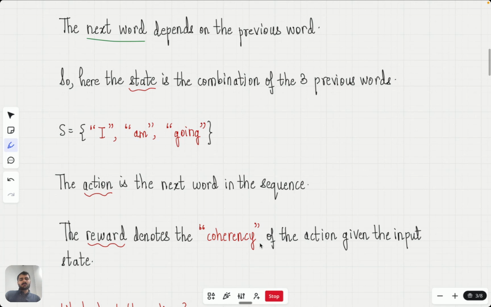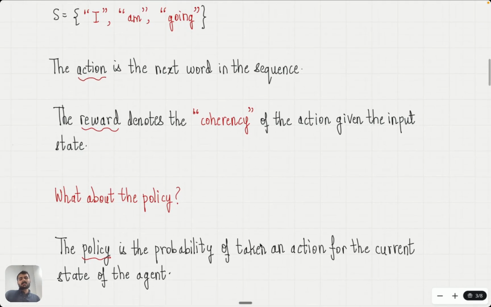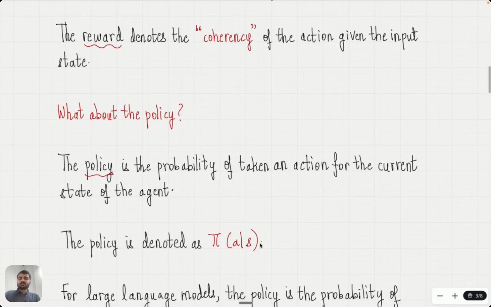The reward denotes the coherency of the action given the input state, and the policy is the LLM itself. Remember, the policy is the probability of taking an action for the current state of the agent. The LLM does exactly that.